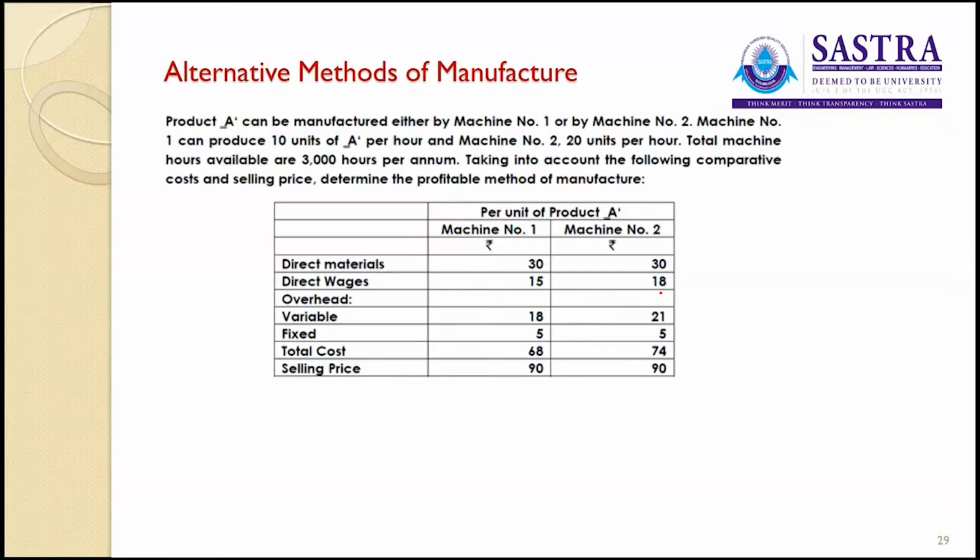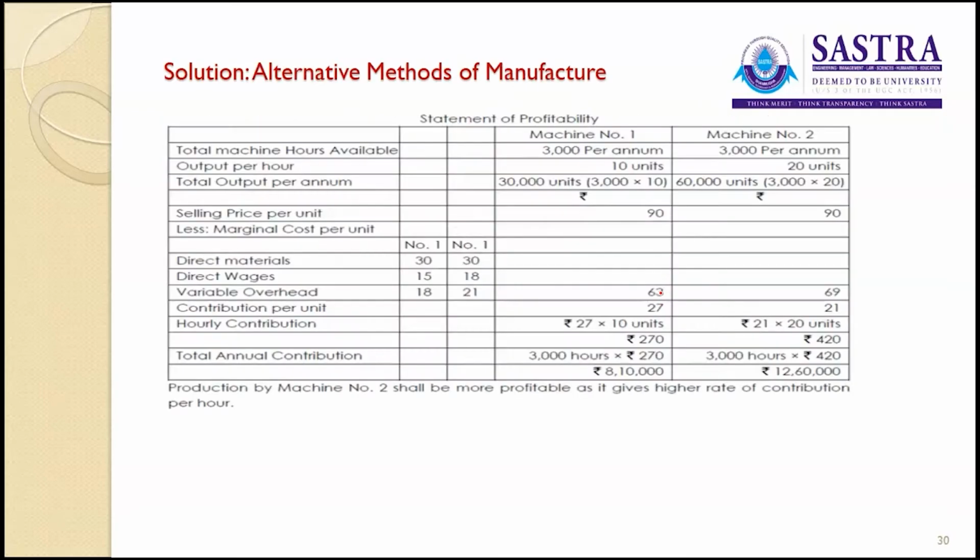Now we are going to decide which machine is the profitable one. Product A can be produced either by machine 1 or machine 2, so we will see which gives the maximum contribution. Machine 1 produces 10 units per hour and machine 2 produces 20 units per hour, and total machine hours available is only 3,000 per annum.